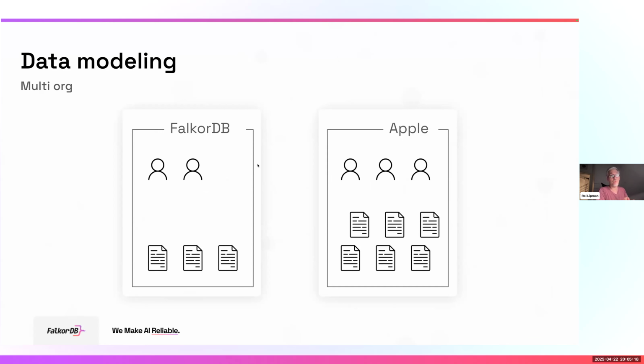You can think about FalkorDB as an organization that is using S3 or using Google Drive. So this is one organization that needs to be managed with its own resources and with its own users. And then there are other companies such as Apple that also have their own resources and their own users, and you don't want to mix those two together. So keeping this in mind, how do we go about modeling all of this within a graph database?